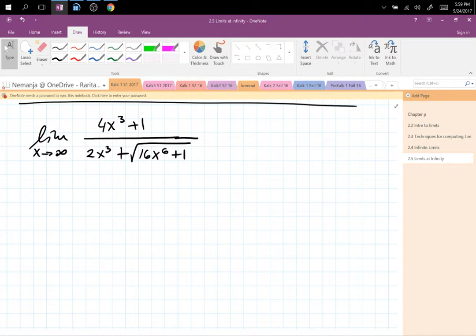When x cubed goes under the square root, it's kind of backward thinking.